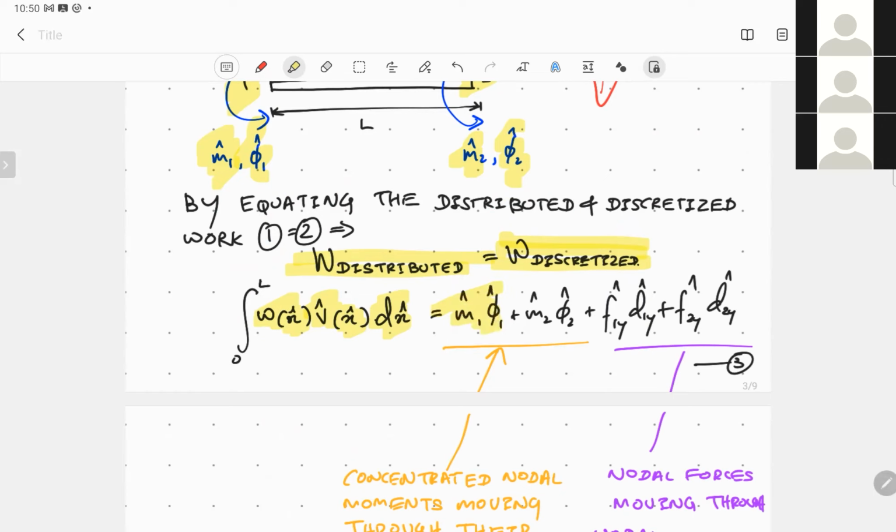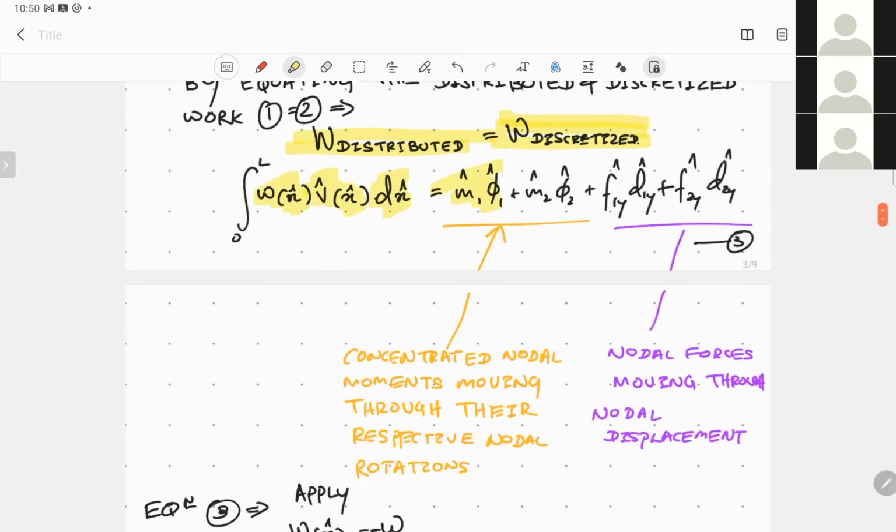Here I have written down the corresponding work done by the bending moments and the corresponding work done by the shear forces.